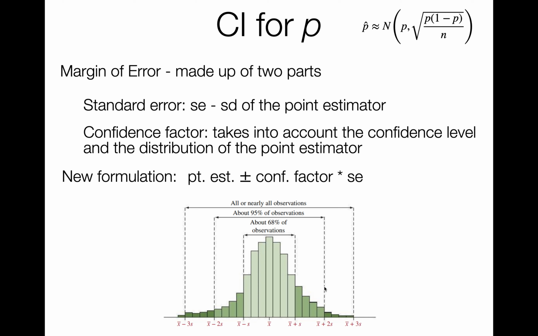Specifically, how far should we stretch our interval out so that we can include what we want to include in the interval? The real question is, I start at my point estimate, my best guess for the truth, and then I stretch it both ways to include my uncertainty about how the point estimate behaves.